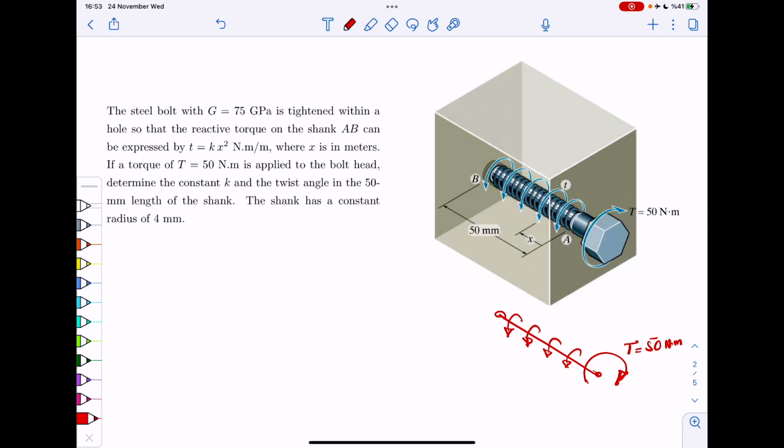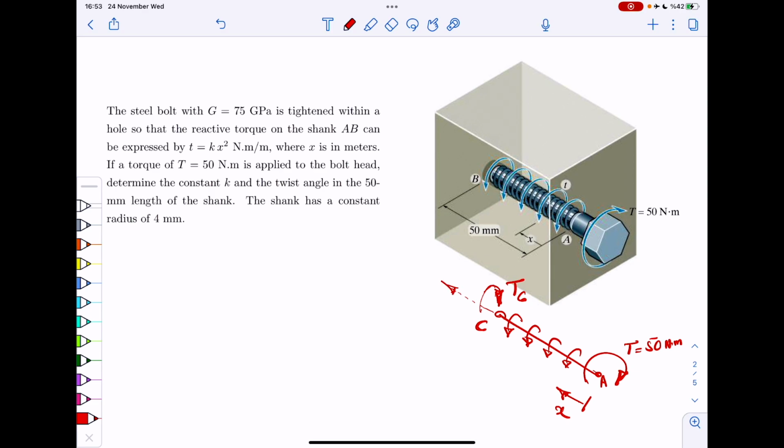Now, if you cut this at a certain distance, so this is point A, let's say you cut it at a certain distance x, we can also have that T at C. And this would be, let's say, our coordinate system.